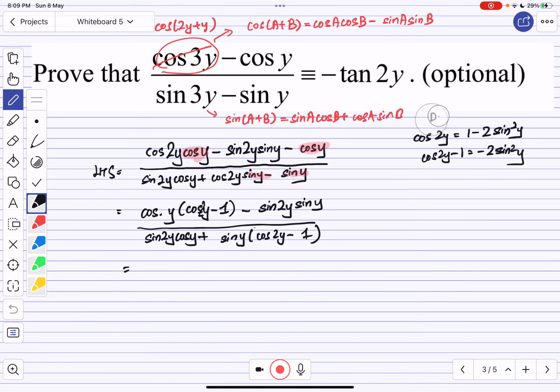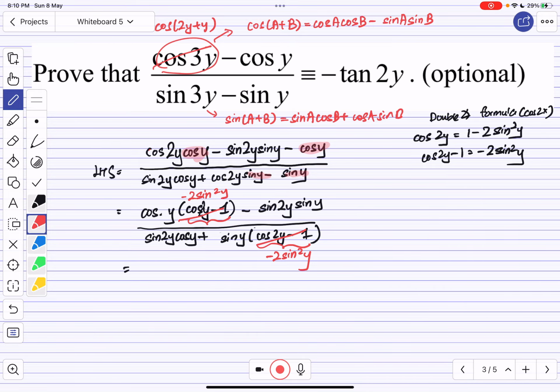Now remember, this is the double angle formula for cosine 2x. So that's what I'm going to do to these two terms over here. I'm going to write this as negative 2 sine square y, and similarly, this is negative 2 sine square y.